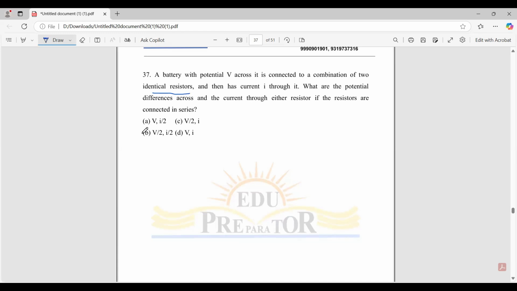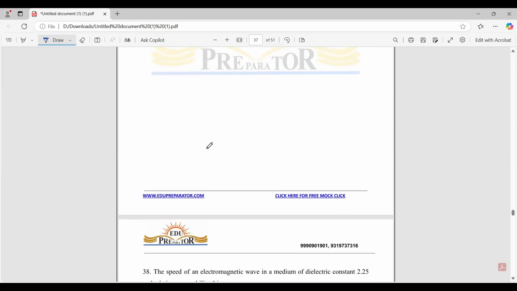We know that in the case of a series combination, the current will remain the same, but the total potential will be half on each. The potential will be divided, but the current will remain the same. So C is the correct answer.